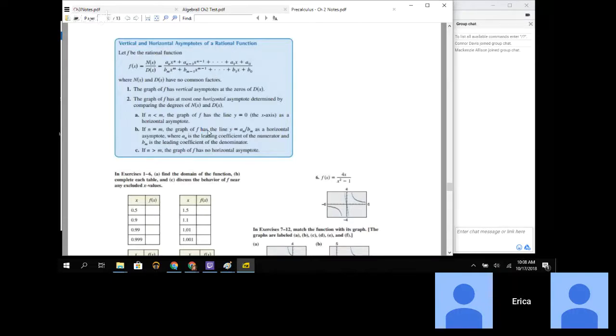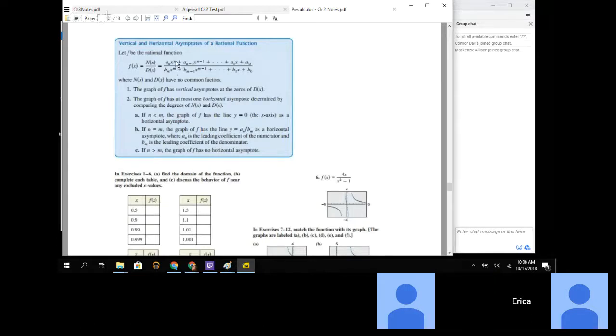The horizontal asymptotes had to do with the order of your exponent. If the exponent on the top was smaller than the exponent on the bottom, the horizontal asymptote was always y equals 0. If they equaled each other, then we had a ratio. And if the exponent n on the top was bigger than the exponent on the bottom, there was no horizontal asymptote.